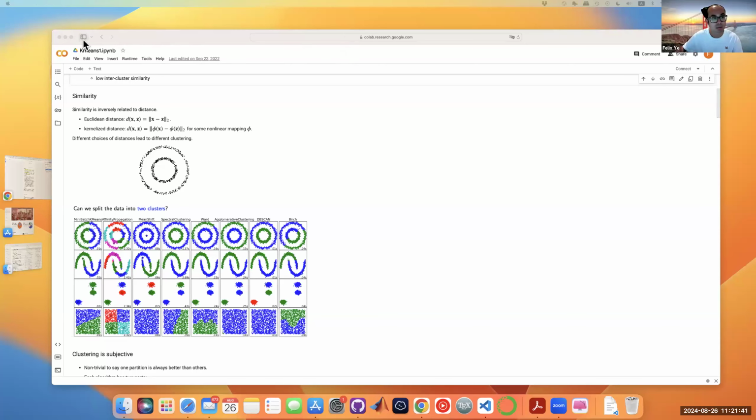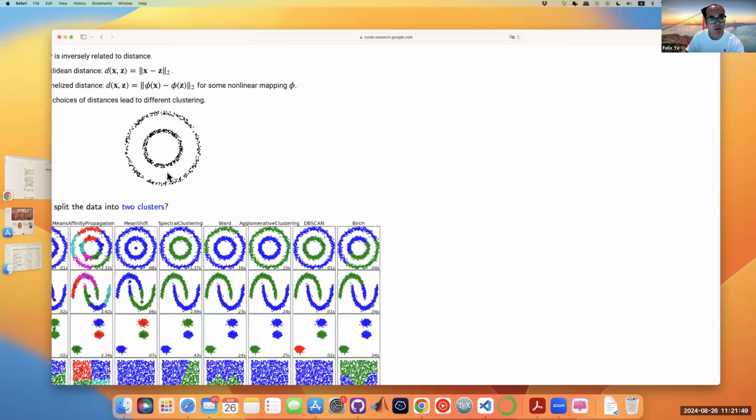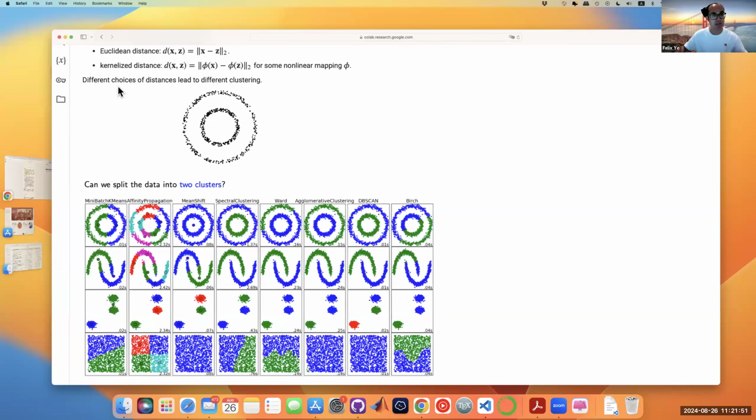So right here, yes. So you can see right here. As I said, different choice of distance will lead to different clustering. For example, if we have this data, we have an inner circle and outer circle.